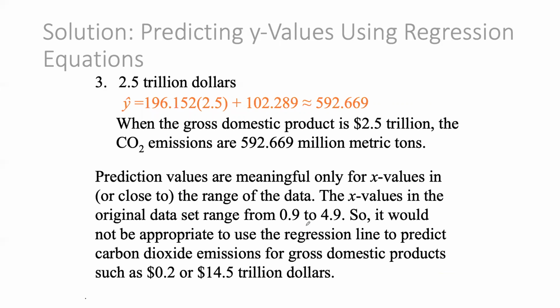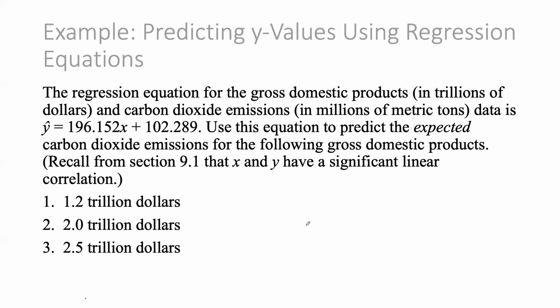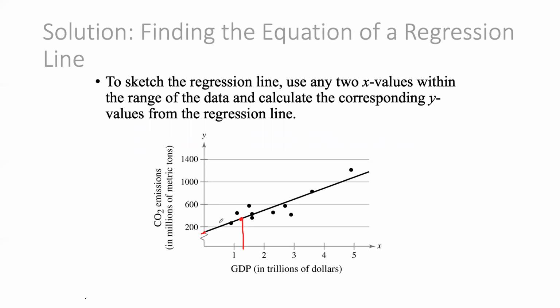Okay. So for prediction values, the crucial thing to recognize is that they're only meaningful within the range of x's. You can't use this to predict somewhere completely out of that range, right? Because these are the different combinations of x and y that we have. If you're going to predict within this range of x's and y's, then it's okay, because the line we have derived is based on these values of x and y, so your prediction will be fairly reasonable.